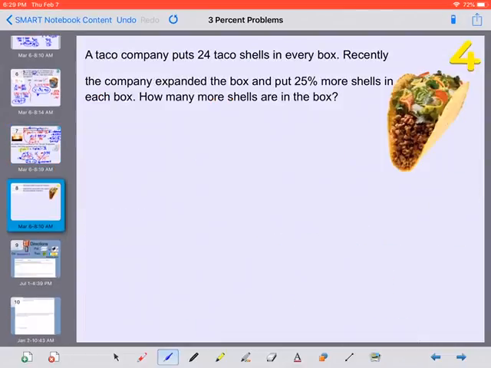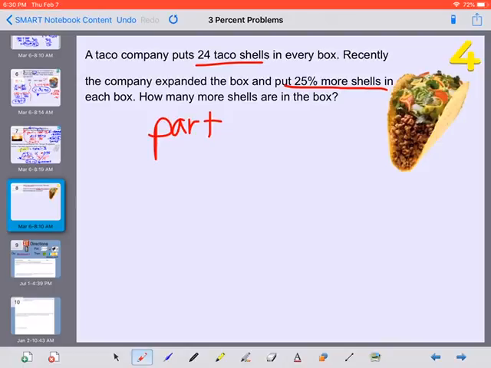Last question. I would suggest trying this on your own and then clicking play to check. It says a taco company puts 24 taco shells in every box. Recently, the company expanded the box and puts 25% more shells in each box. How many more shells are in the box? So I'm going to use the percent equation.